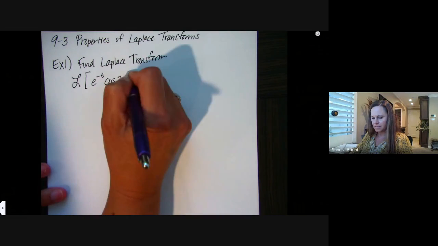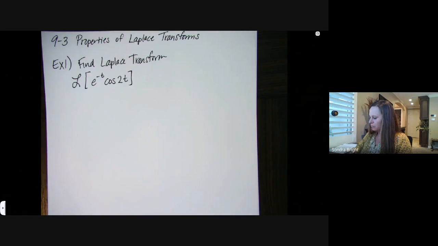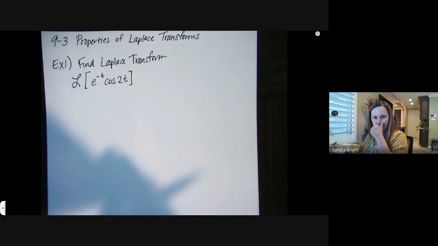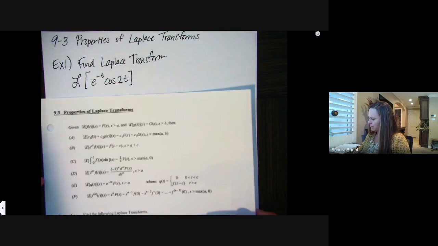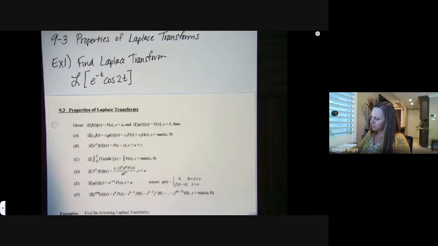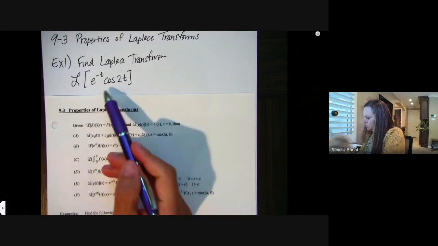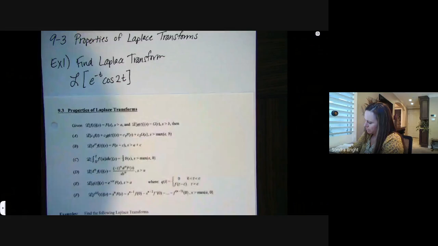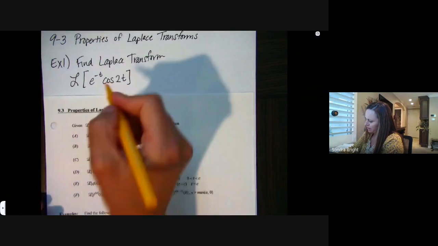If you look at your list, do you see a pattern of something? Keep in mind, cosine of 2t is some function of t. So this is some function of t.